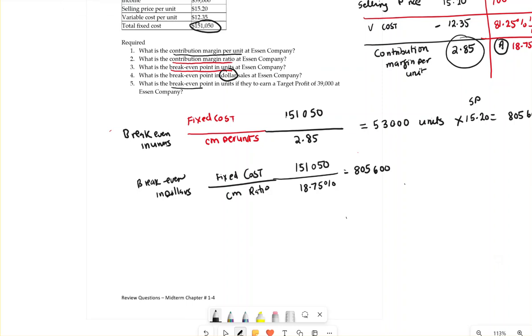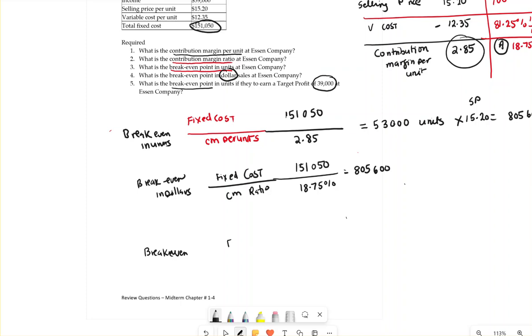So what will be the break-even units if they don't want to just break even? Break even is where you recover your variable expenses and your fixed expenses. So when you do that, you have nothing left for yourself. So they said, what is the break-even in units if they wanted to break even and make a target profit of 39,000?